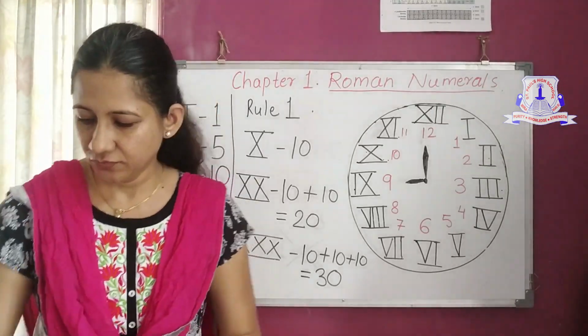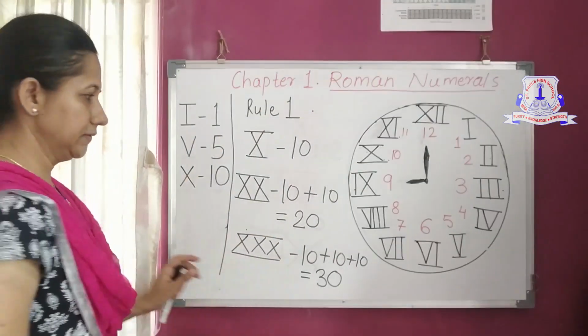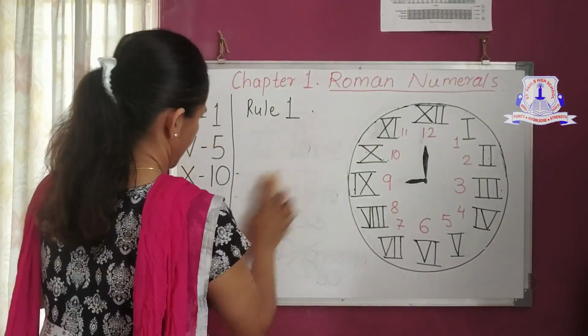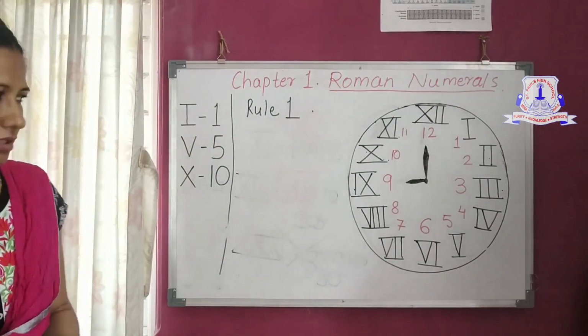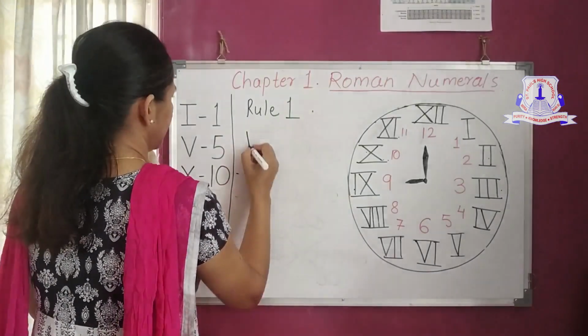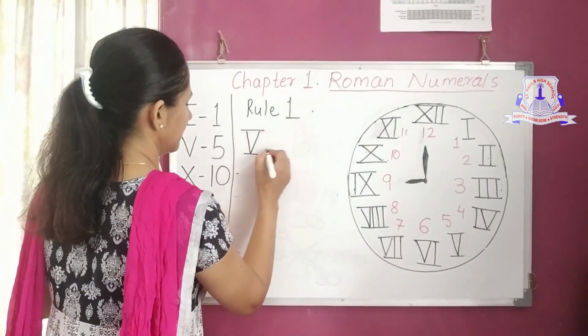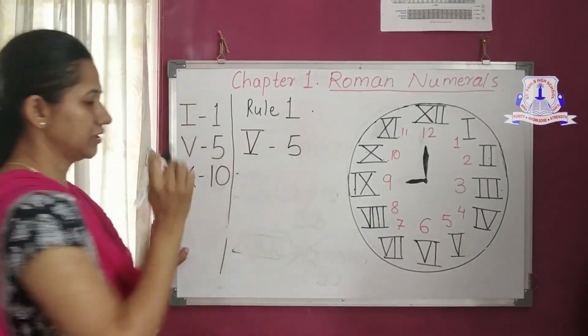I will explain that if this is clear. You cannot say, for example, we represent number 5 by this letter V, as I mentioned here also.